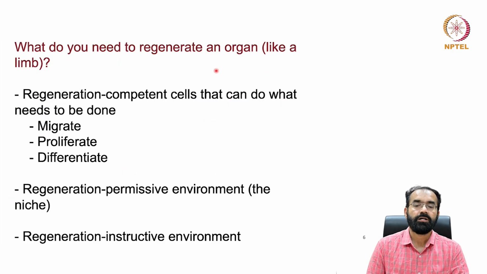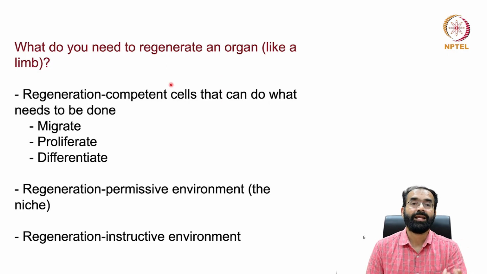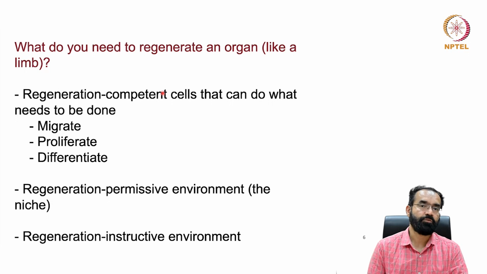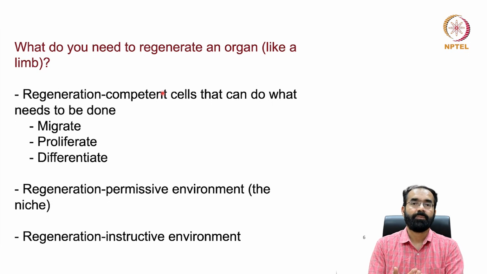What do we need to regenerate an organ like a limb? What are the things needed? It's just like asking, okay, I need a hand to be regenerated. People say your hand, your palm, is the second most complex organ after your brain.